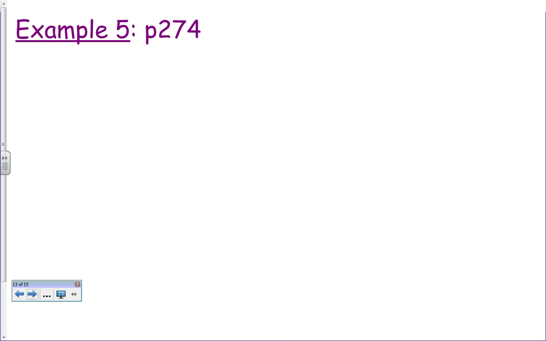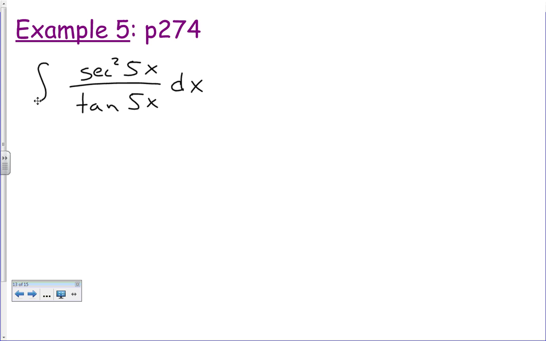Let's actually use this now in a couple of examples. So example 5 says to integrate the secant squared of 5x over the tangent of 5x dx. All right, I'm going to use a u substitution on this thing. It might not be quite as obvious initially what the u substitution might be here, but I have to keep in mind that I've now learned this antiderivative of my reciprocal function where the variable, or if you will, the inside function is the denominator. 1 over x, the variable there is the denominator.